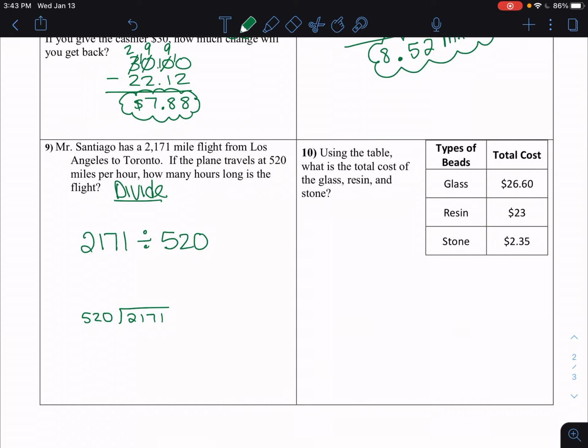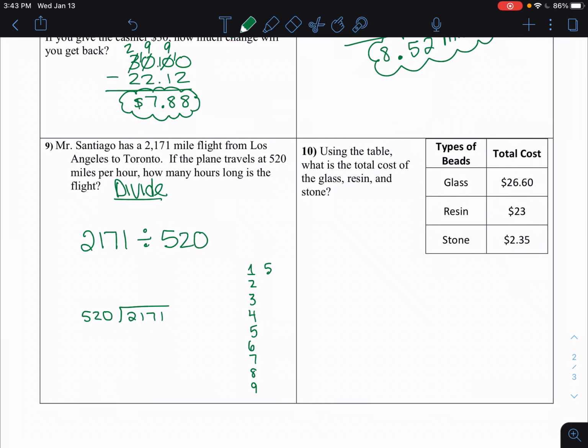So the first thing I'm going to do is create a little multiplication chart here. So 1, 2, 3, 4, 5, 6, 7, 8, 9. So 520 plus 520 is 1,040.